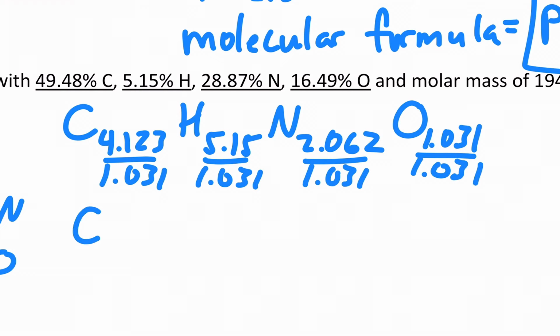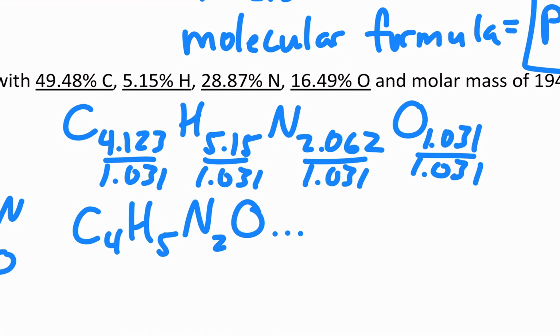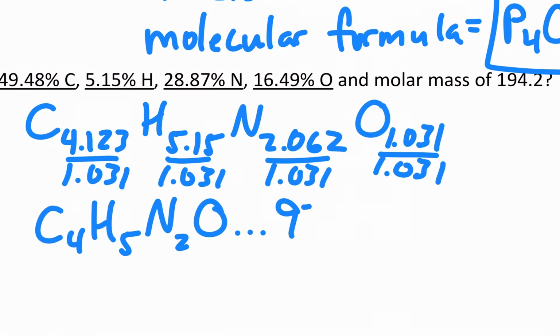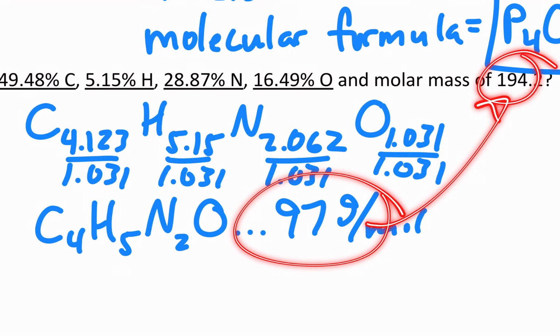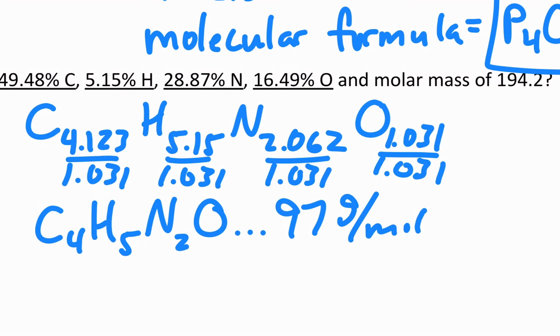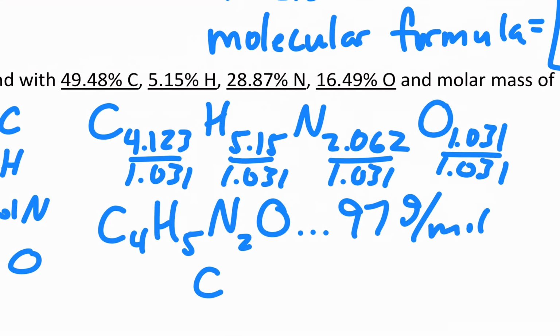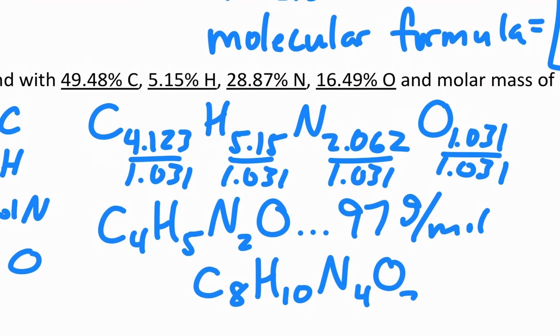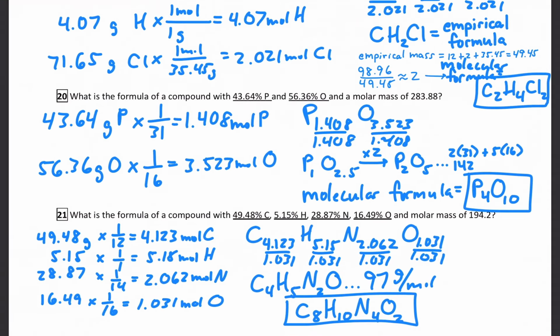That turns into roughly C4, H5, N2, O. You add up all those masses, you get 97 grams per mole, and this is just a coincidence, but yes, every single time it's been exactly half. So our correct molecular formula is going to be C8, H10, N4, O2. That's how many of each element are in that molecule.